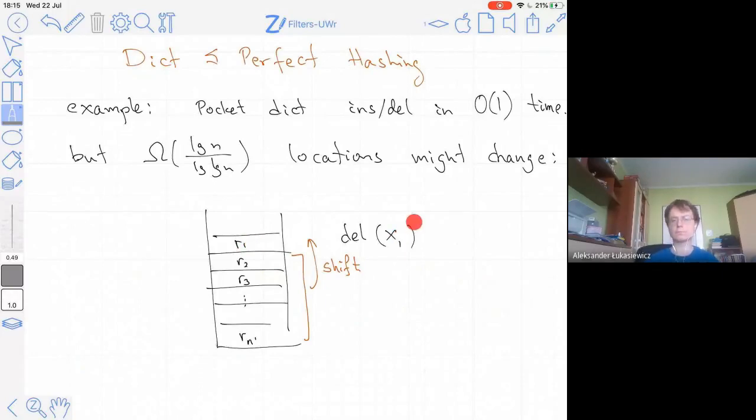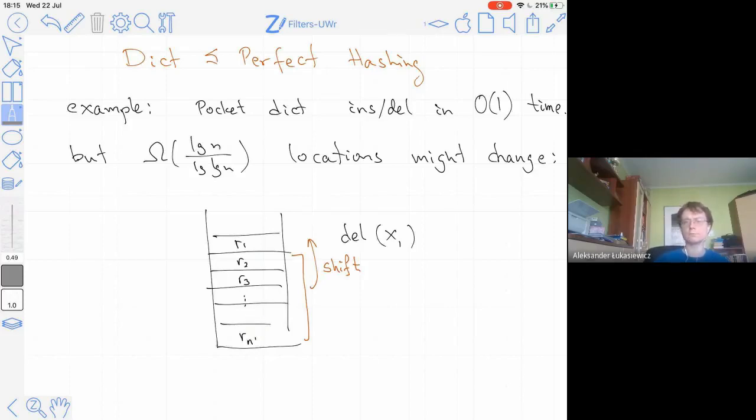So I need to delete R1, and that means I have to shift all the remaining remainders up by one position, and they all change their location simultaneously. Because a shift is a constant time operation, but I change all these locations simultaneously. There's a super constant number of hash codes which have changed in one operation. Something which we don't like.